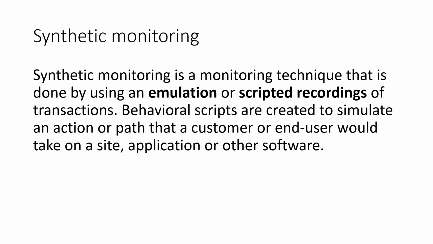In the case of Datadog, Datadog has multiple servers located around the globe. If you give them an input, meaning a URL endpoint, those servers will hit that endpoint, and whatever response you get, they will store it and share it with you. So that is synthetic monitoring.